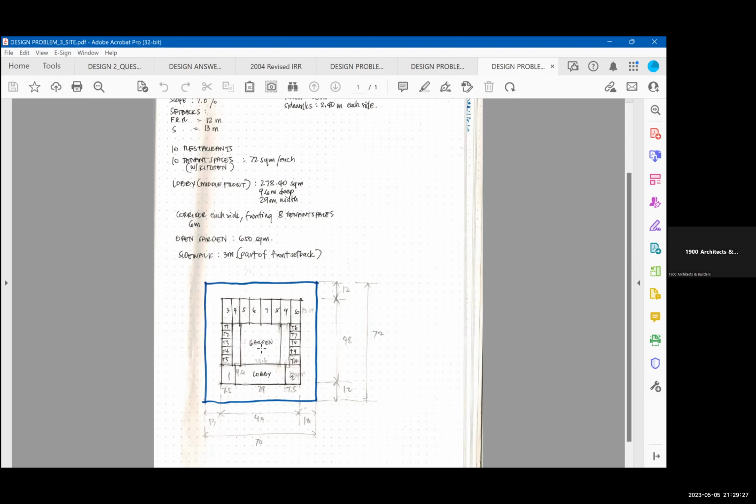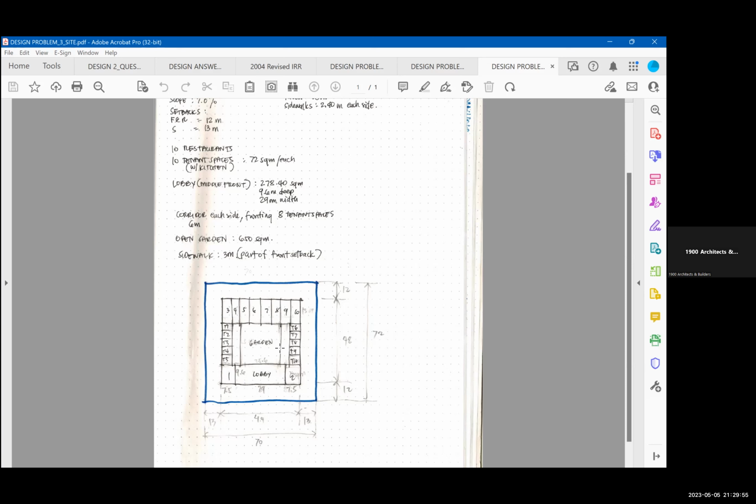And then, computing the garden. He gave 650 square meters, so I just assumed that. I got the depth, and I got 25.6. How did I get that? 650 divided by 2.